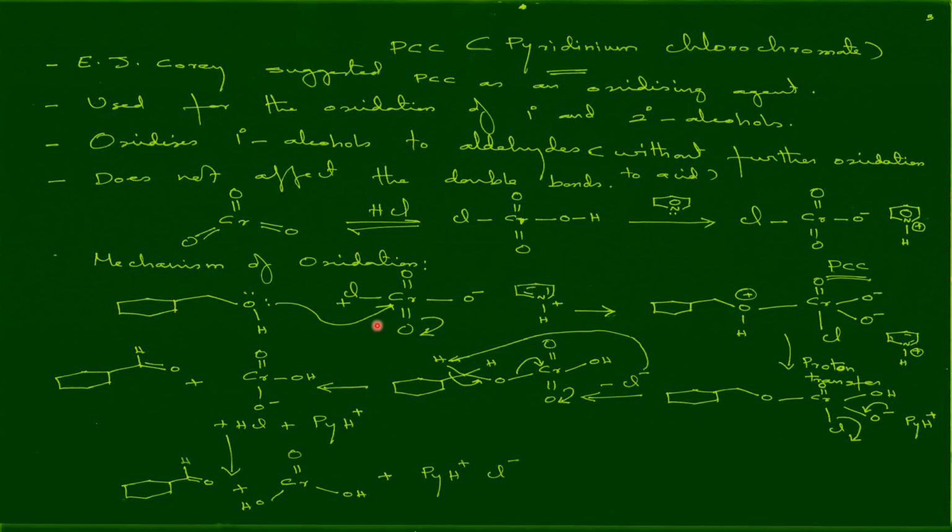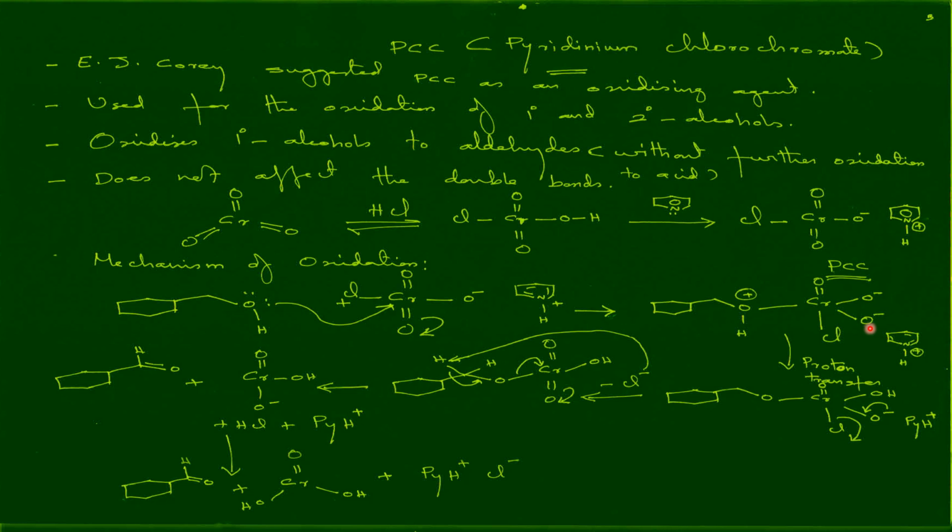The mechanism of oxidation of an alcohol with PCC is given here. I have taken a primary alcohol for the oxidation with pyridinium chlorochromate. So here the alcohol behaves as nucleophile and it attacks the electrophilic chromium of PCC. And it results in the formation of a product that undergoes an SN1-type reaction.